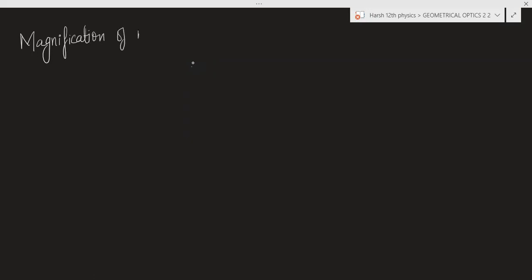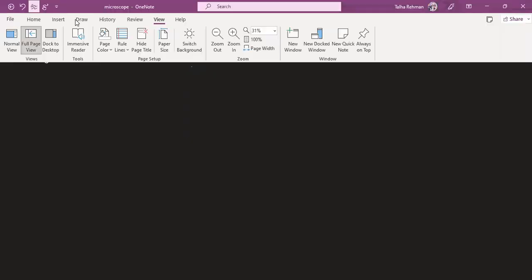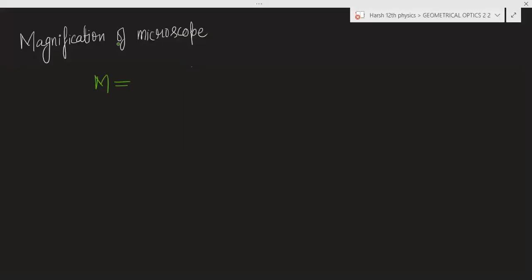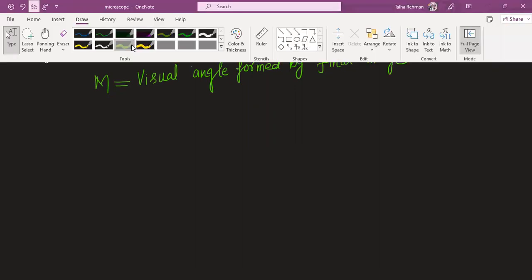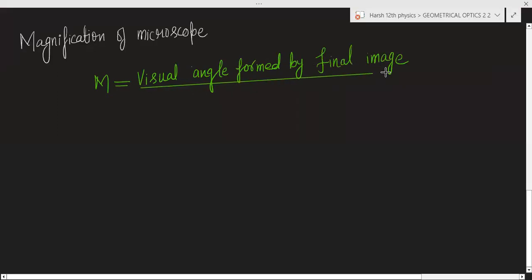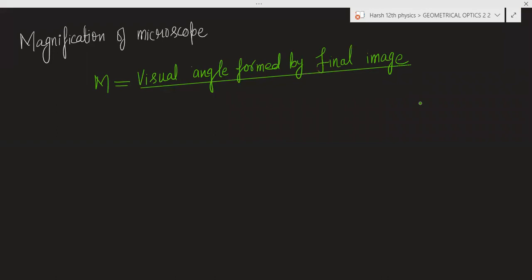So remember, magnification of microscope is the ratio of the visual angle formed by the final image divided by the visual angle formed by the object kept at D.